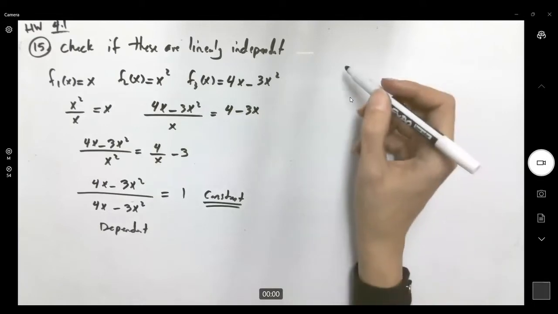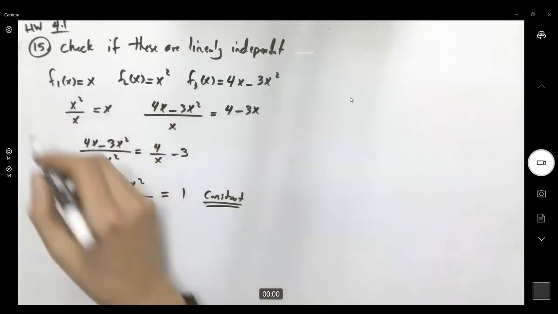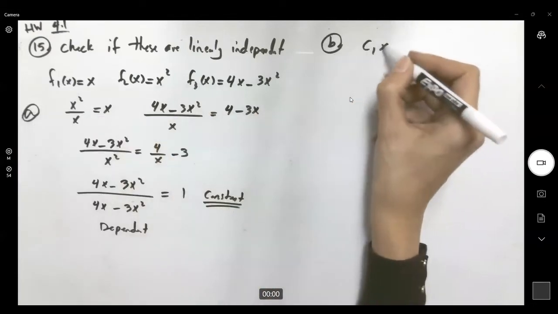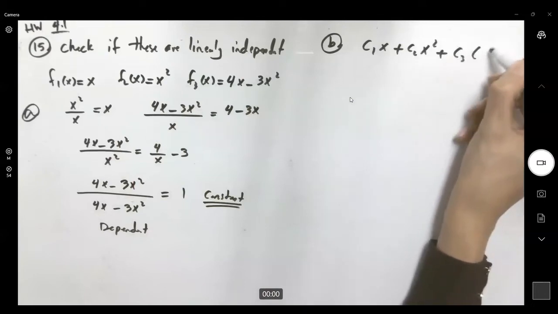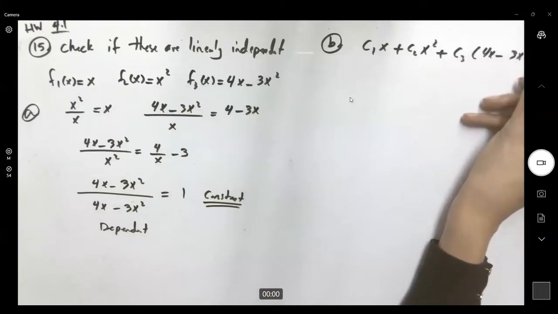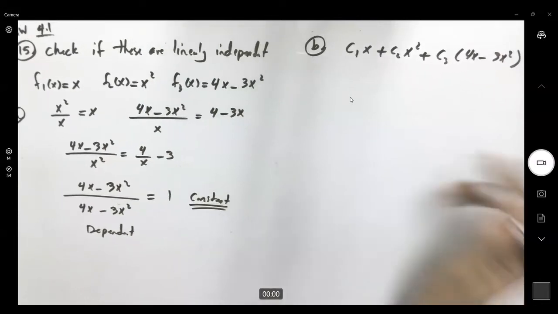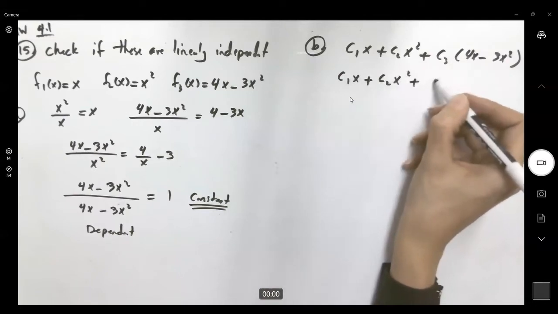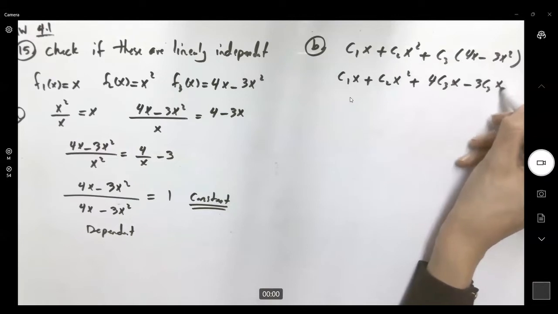You might be interested in finding C1, C2, C3. So this is method A, method B, C1x plus C2x squared plus C3 times 4x minus 3x squared. This can be written as C1x plus C2x squared plus 4C3x minus 3C3x squared.